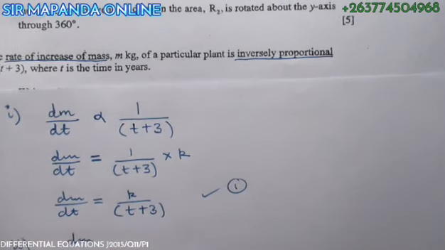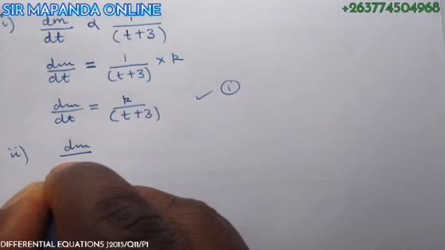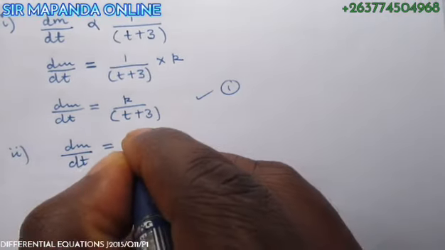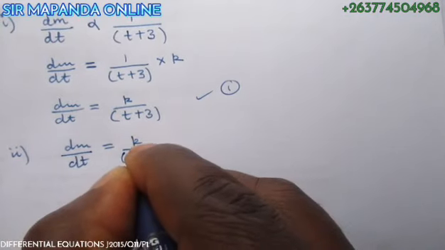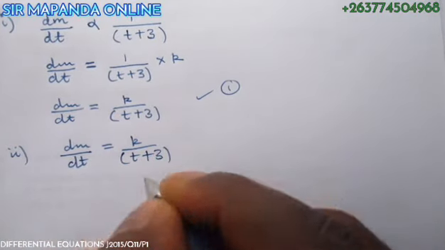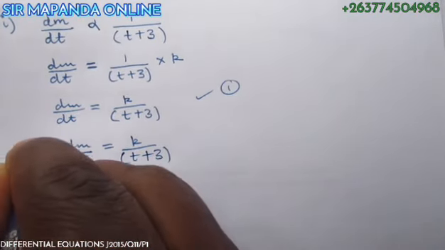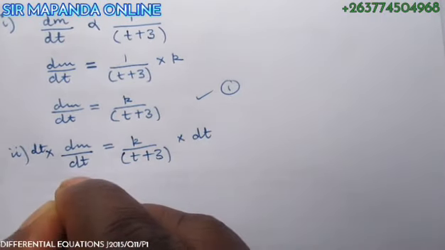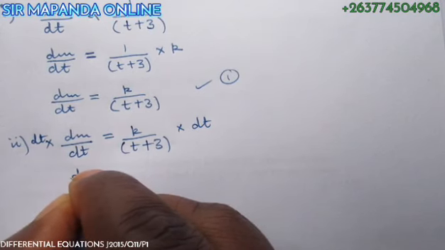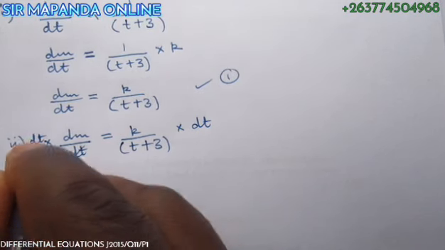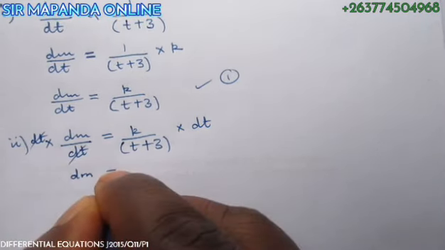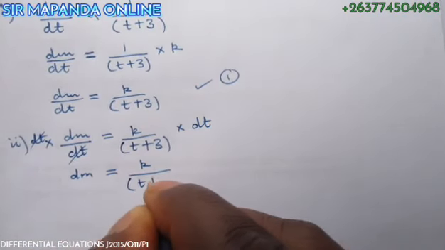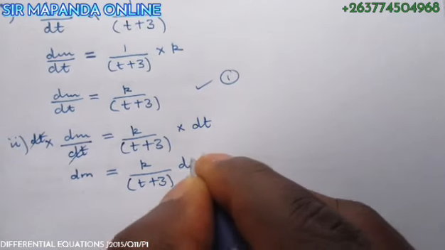Remember, in part 1, we got dm over dt is equal to k over t plus 3. So if you multiply both sides by dt, you are left with dm on your left side. Since dt and dt cancel each other, you now have k over t plus 3 dt.